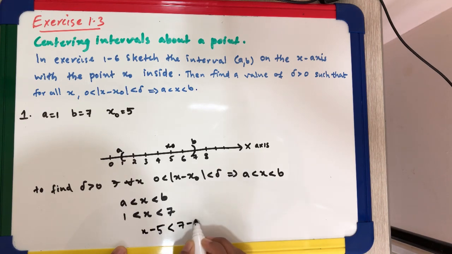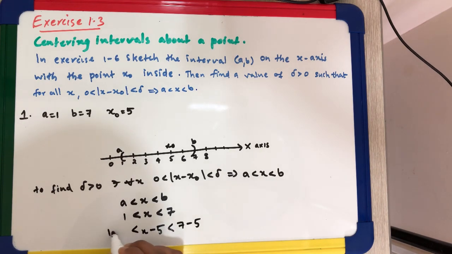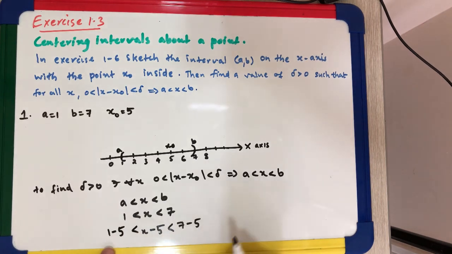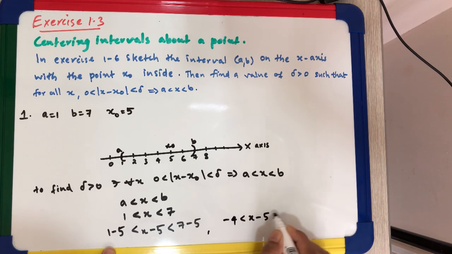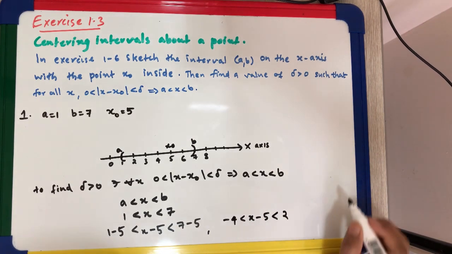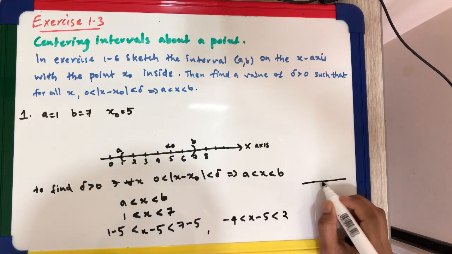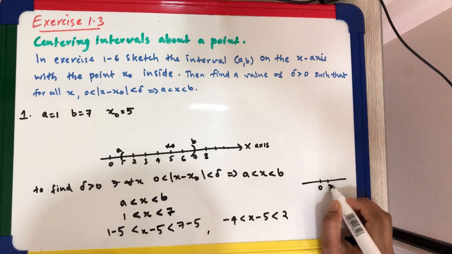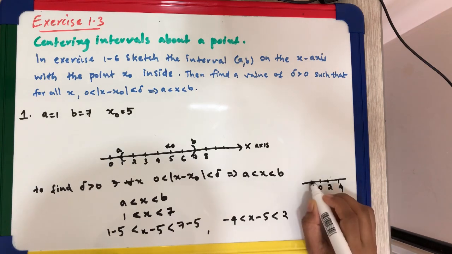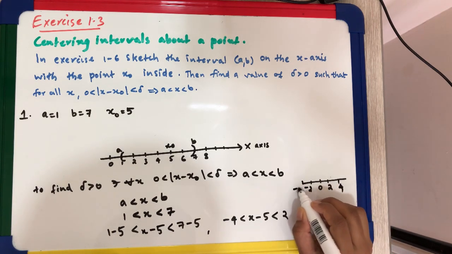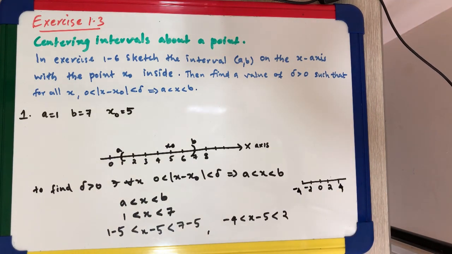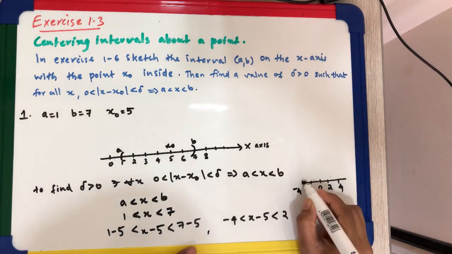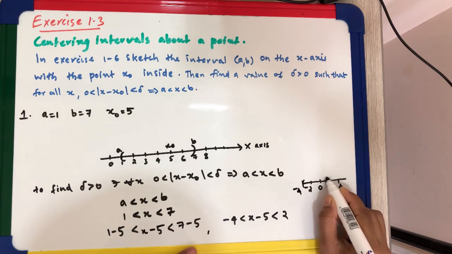Here 1 minus 5 is minus 4, and 7 minus 5 is 2. So x minus 5 lies between minus 4 and 2. Look here, this point comes, let it be 0, and here 2, 4, minus 2, minus 4. We get the points minus 4 and 2.